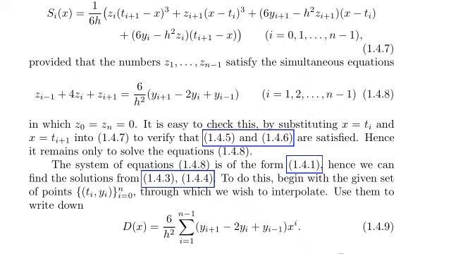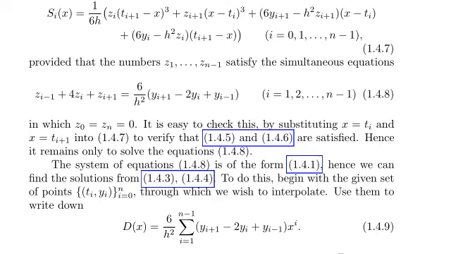They say that if the Z satisfy these simultaneous equations, then Z0 and Zn are equal to 0. Are we using that as an assumption? Are we assuming Z0 and Zn are equal to 0 and then solving the equations? So let me think about that.